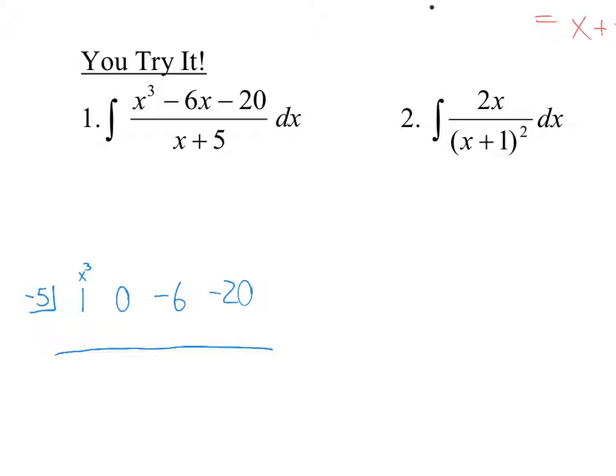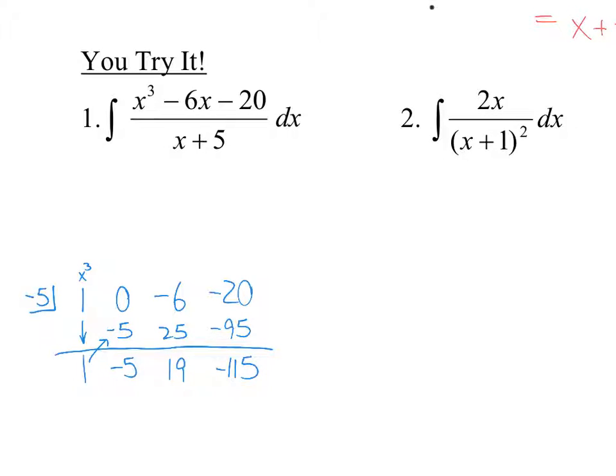And then when I do the synthetic division, I add straight down and I multiply by the negative 5. I add straight down, I multiply by the negative 5. I add straight down, I multiply by the negative 5. And then I add straight down, so negative 115.